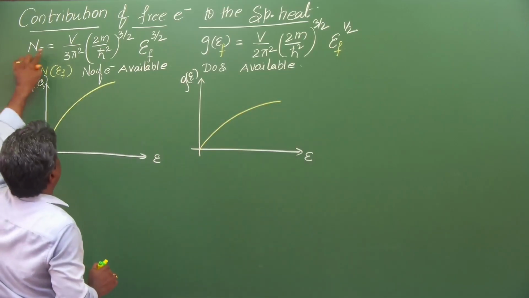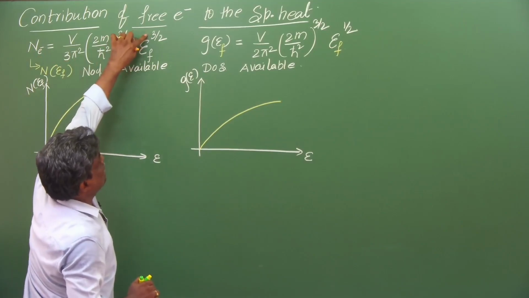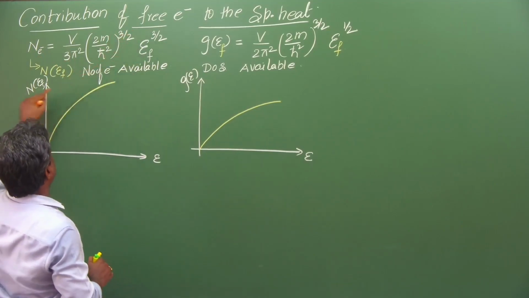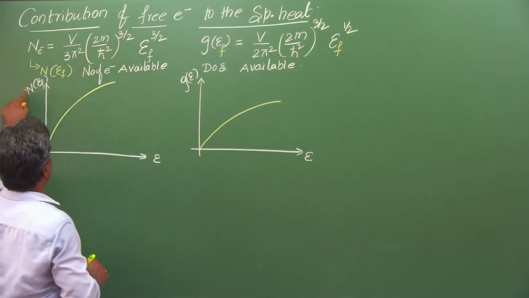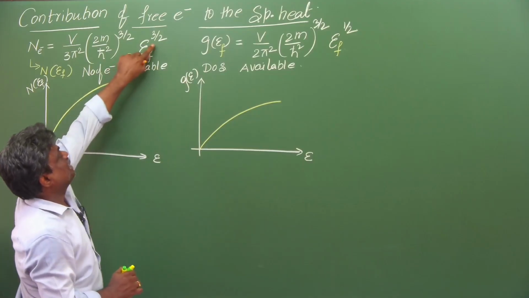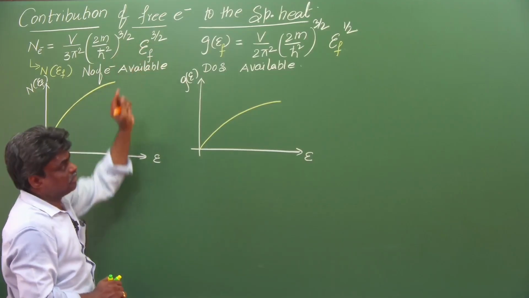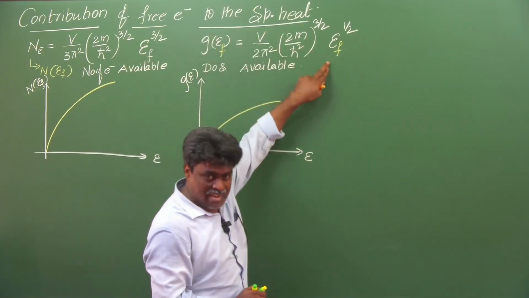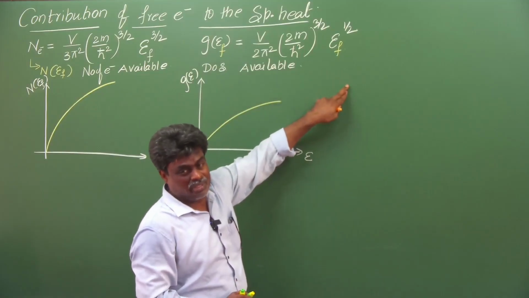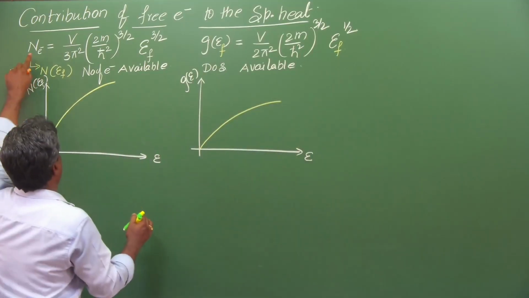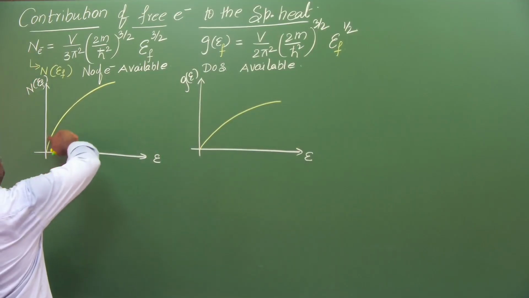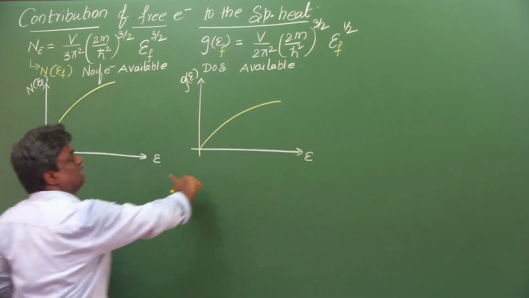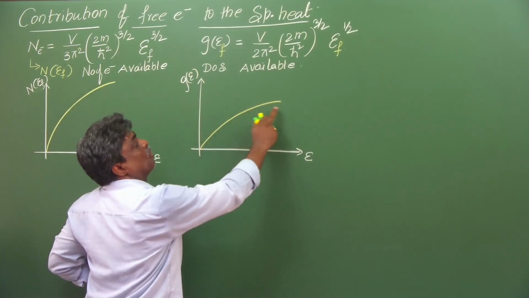So N is proportional to EF power 3 by 2. If you find the slope, dN by dE is 3 by 2 into something, and dg by dE is 1 by 2 into something. That's why this curve will be more vertical and this curve will be more horizontal.